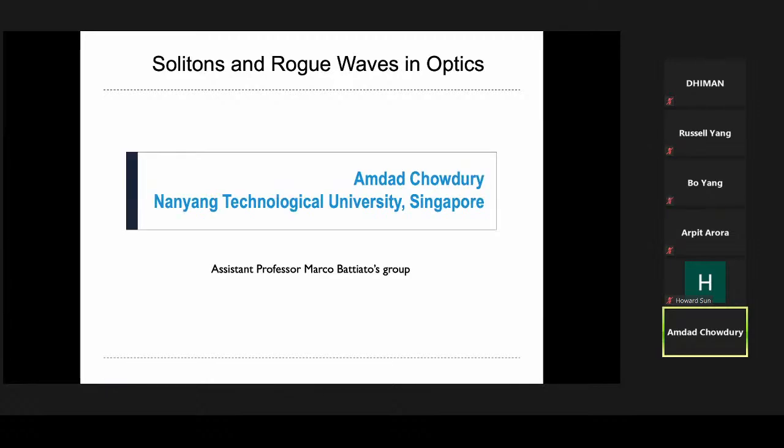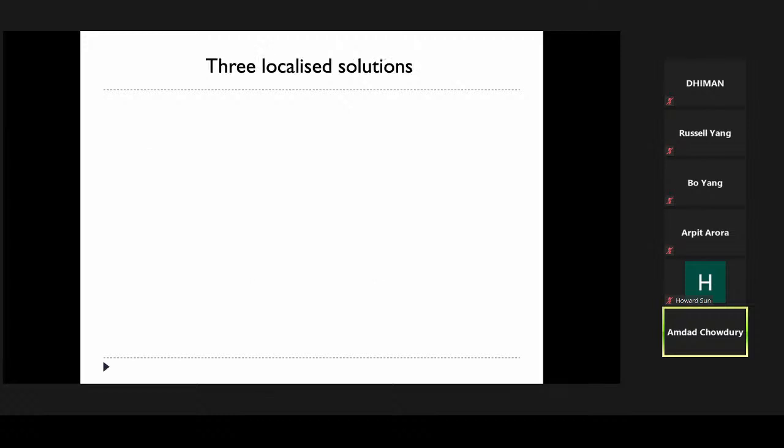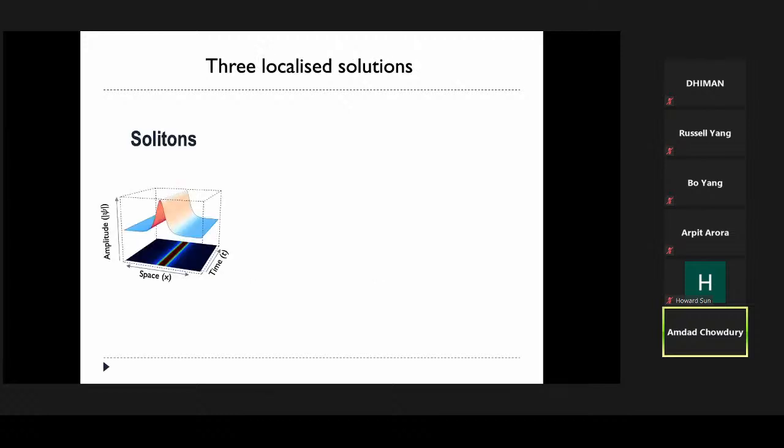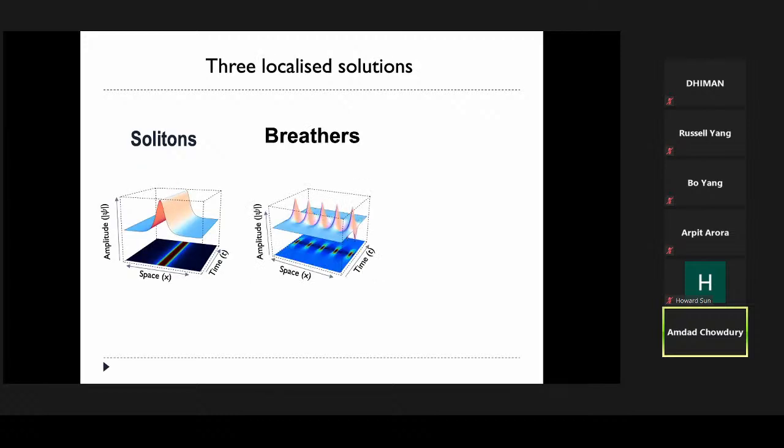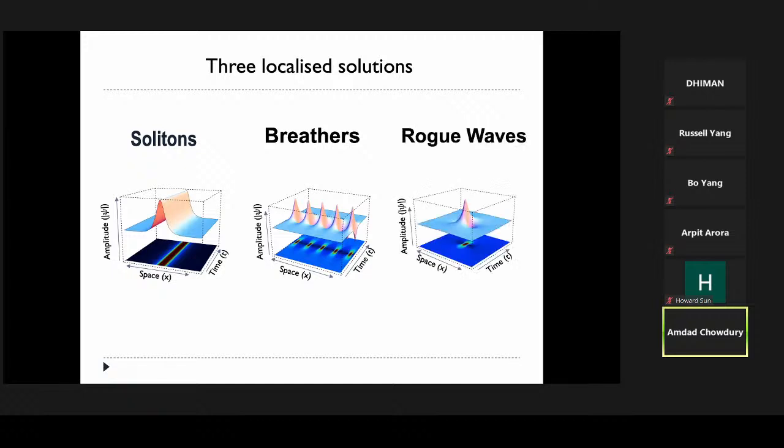So I will be talking about some optical solutions. Three localized solutions are called solitons, breathers, and rogue waves. These are structures of solutions of a partial differential equation, which we call the nonlinear Schrodinger equation.